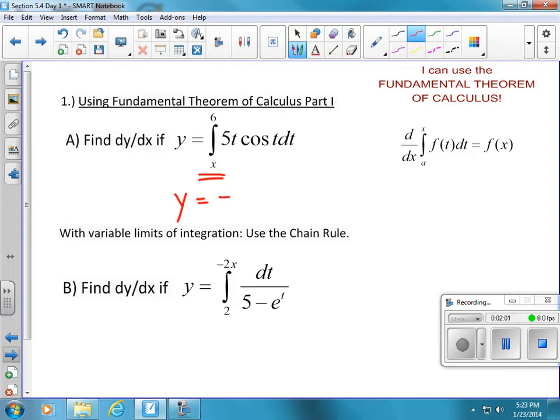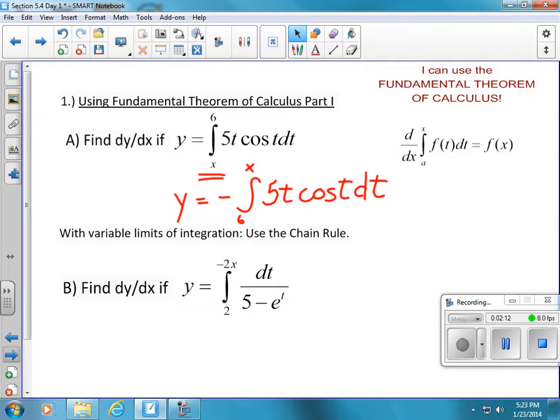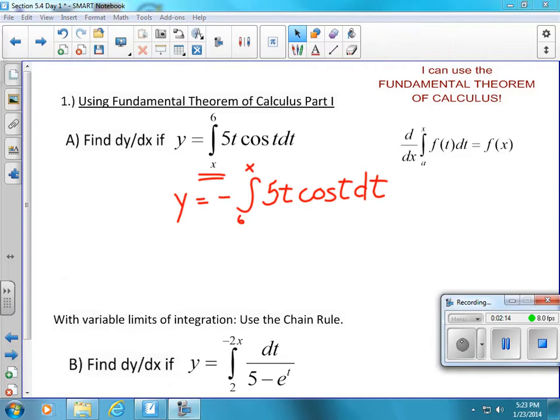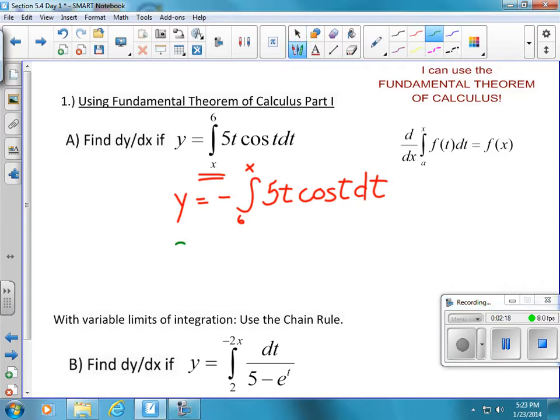Y equals negative the integral of 6 to x, 5t cosine of t, and then let's apply the fundamental theorem. So the fundamental theorem here just means that we take the derivative of both sides, and that equals negative 5x cosine of x. You just take this x and plug it in where you see a t.